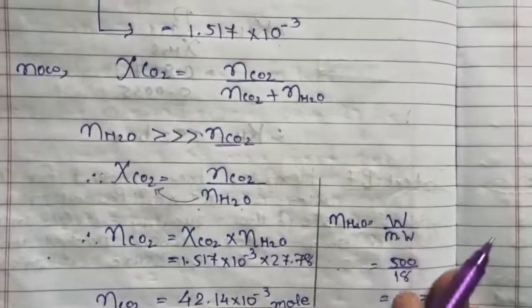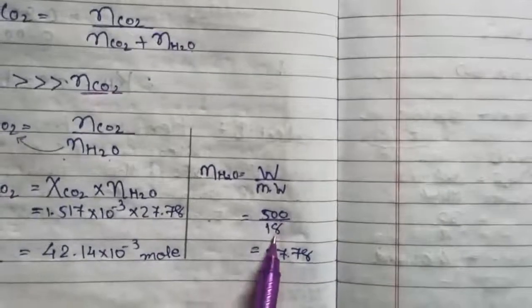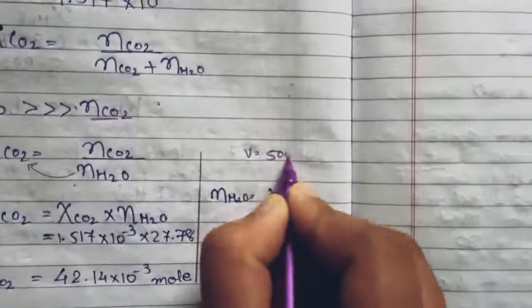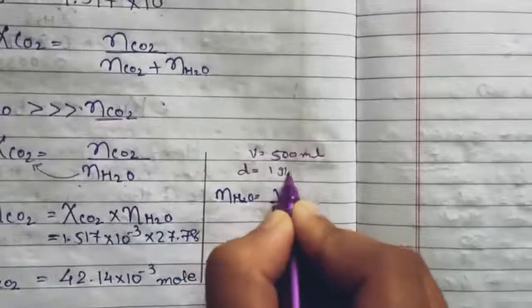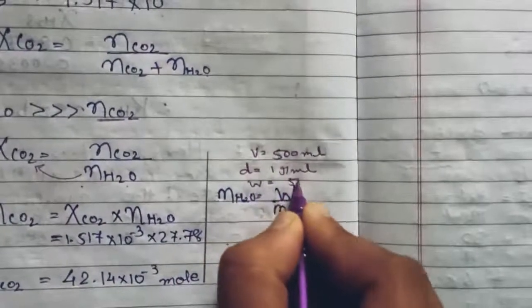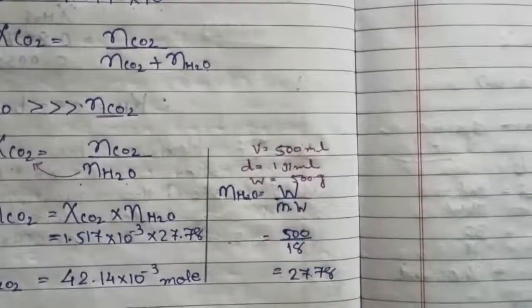Here in the question the volume of water is given as 500 ml, and the molar mass is 18. We know that the density of water is 1 gram per ml, so the mass of the water is 500 grams, so we can replace that 500 directly as grams.